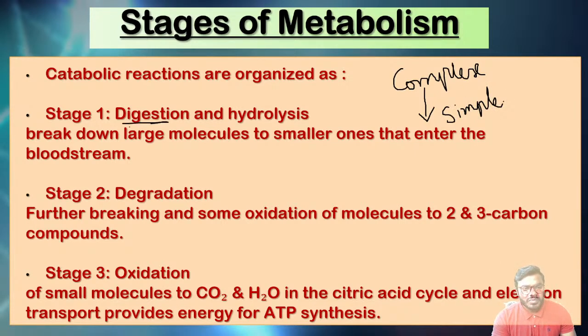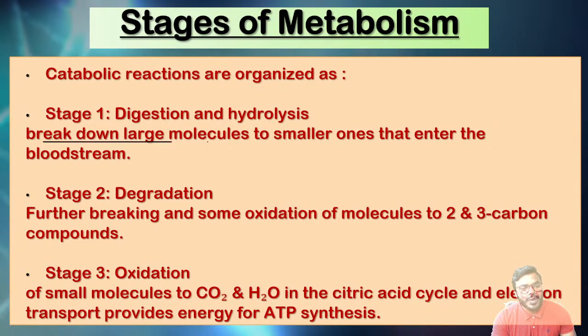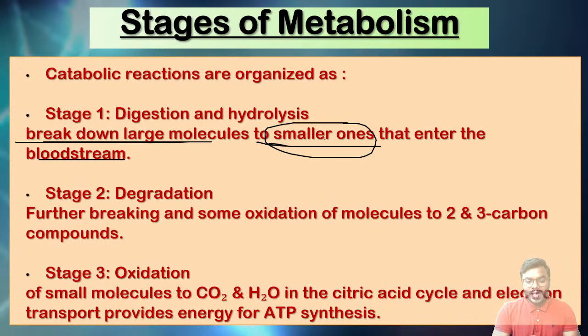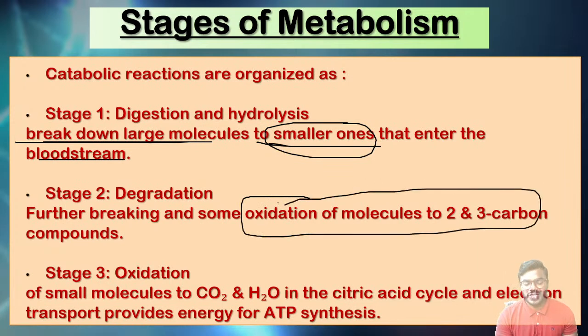Okay, digestion and hydrolysis. So breakdown of large molecules into smaller ones which enter into the bloodstream, right? So first we have to break down the large ones into smaller ones. When we break down the larger ones into smaller ones, friends, it is very easy to allow the process of oxidation. What is oxidation? Breaking down.